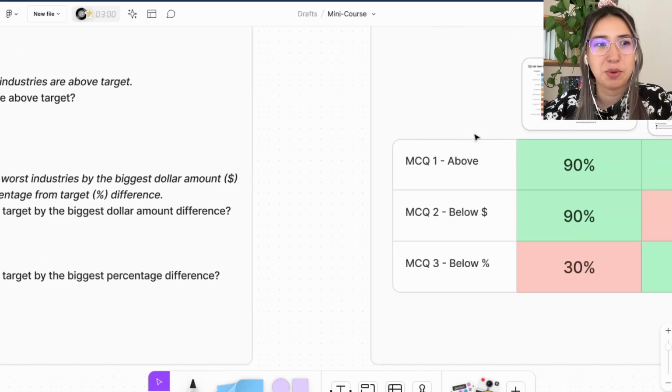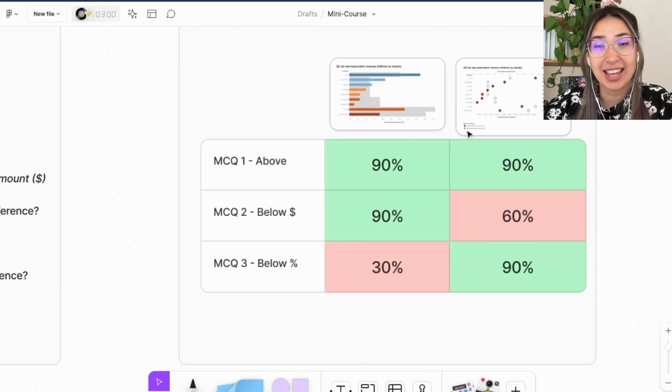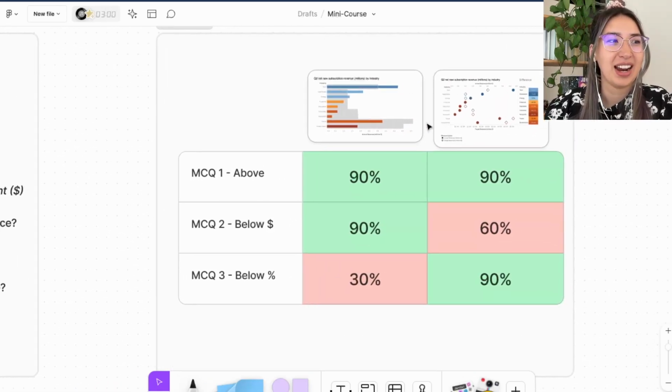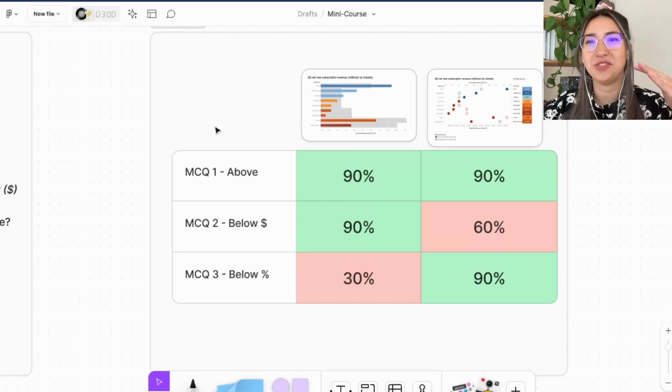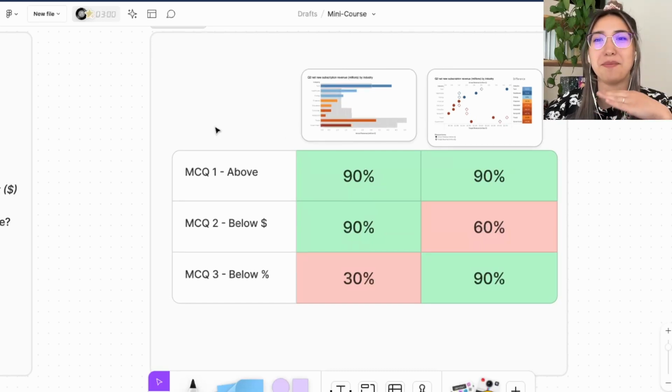I didn't actually do this, but what the results could look like is something like this, where you have each question that the participants or the respondents have answered, and a column for each visualization design.